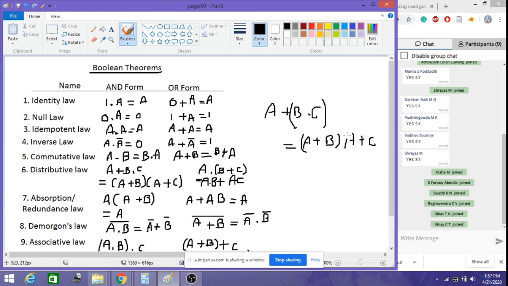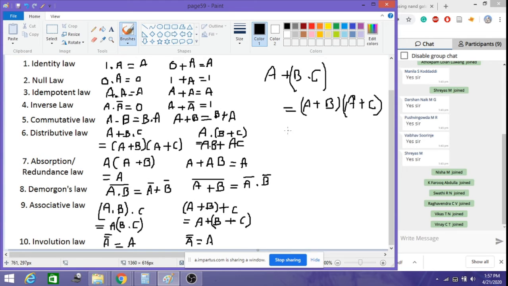We will show the proof later when we are discussing the examples on this. So this is the distributive law in the AND form. If you look into the OR form, then it is A into B plus C. It is nothing but the opening up of brackets, so this can be written as AB plus AC.